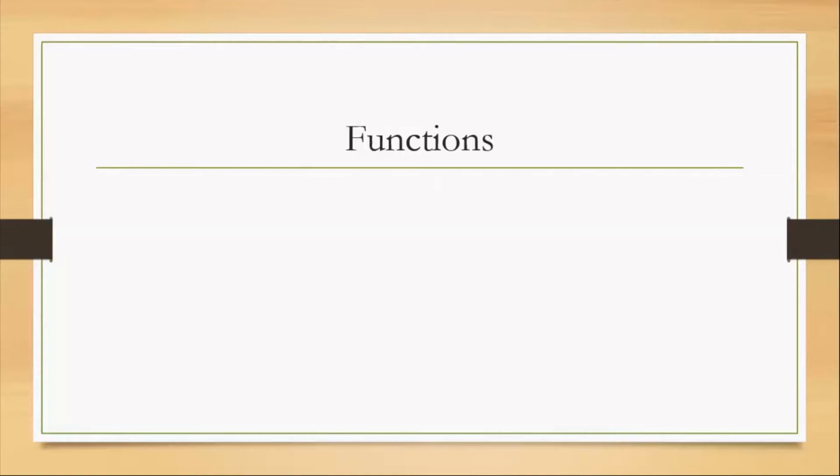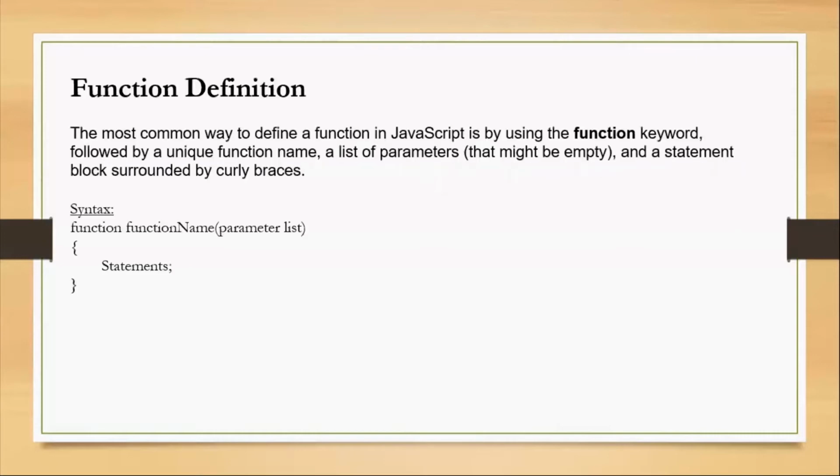So let's quickly see the definition and declaration of a function. A function is defined something like this. We have the keyword function, and then a name for the function, similar to how we have names for variables to identify which variable it is. In the same way, we have a name for functions as well. After that we have two circular brackets inside which we pass the parameter list.